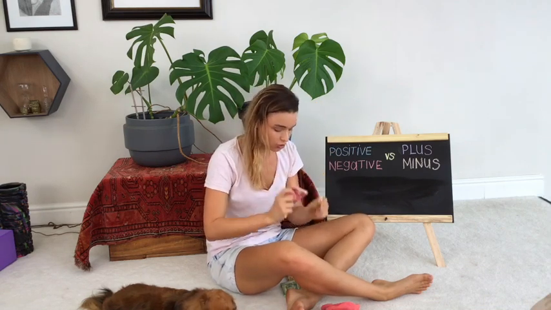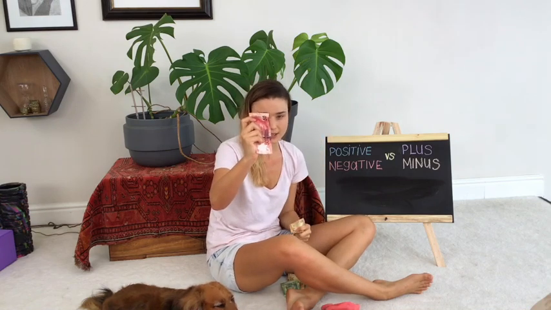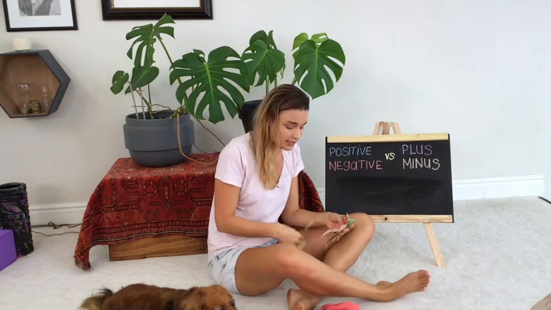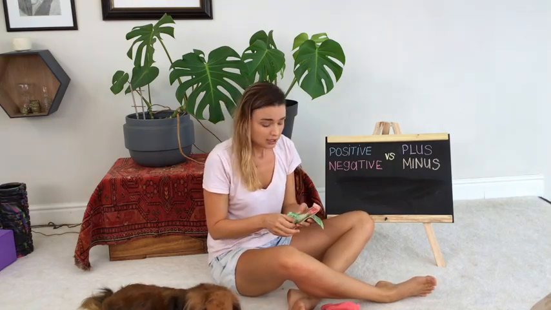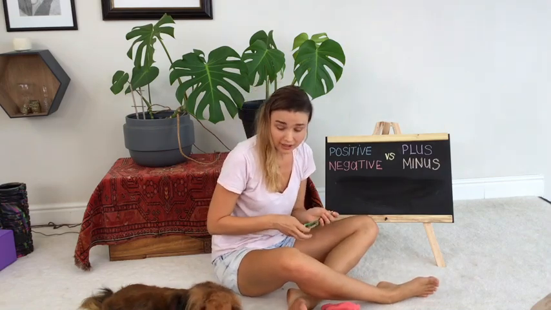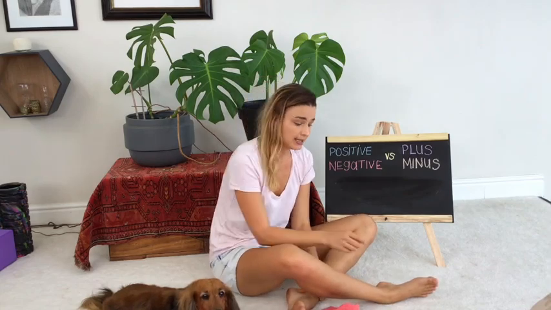Or if I said to you, right here, 70 minus 20, that would be left with 50. So adding and subtracting using positive integers is really quite easy to understand and straightforward since it's applicable in real life. But when I get to the negative side of my number line, when I start looking at adding and subtracting negative integers, that's where things can be a little bit tricky.